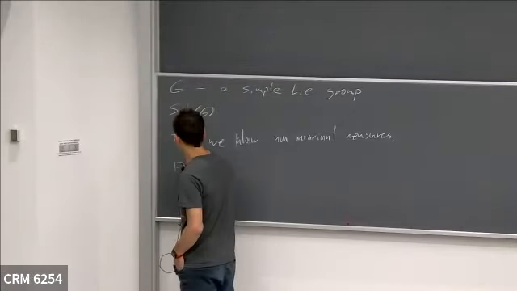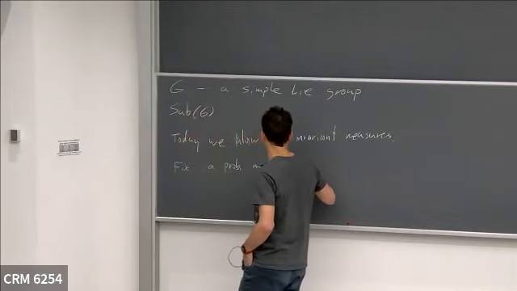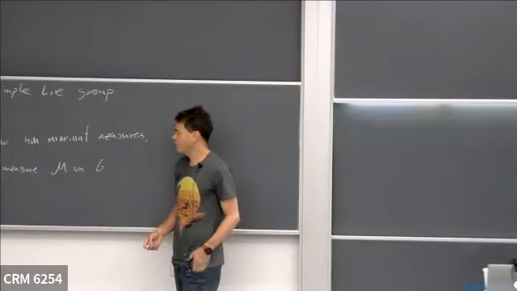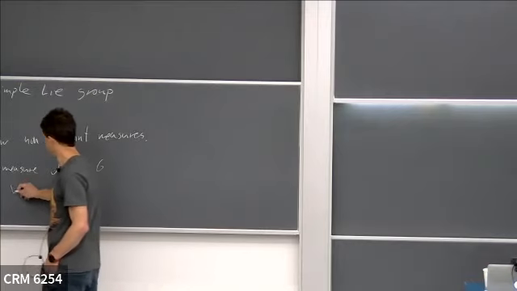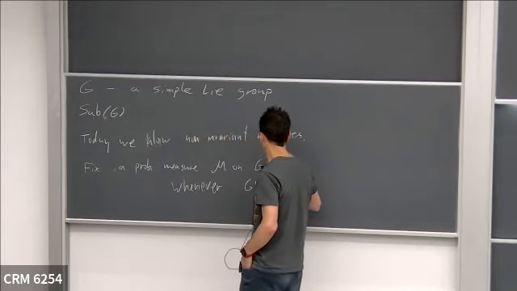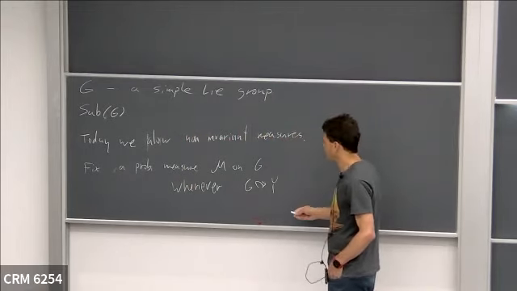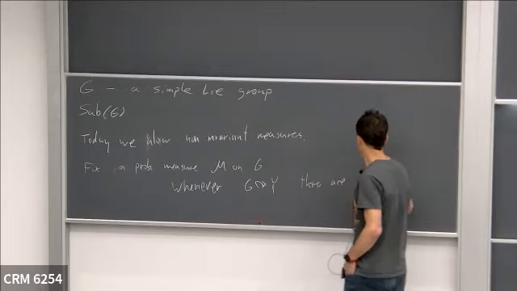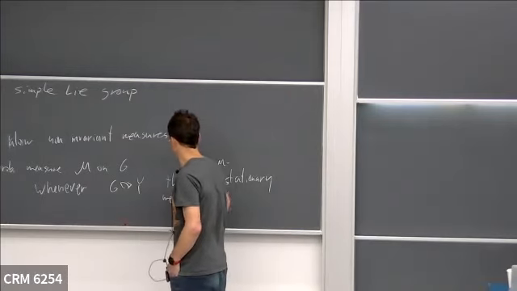So we fix mu, a probability measure on G, some measure on a generating set, or some measure that generates G. And then whenever G acts on a space Y, let's say a compact space, there are mu-stationary measures.